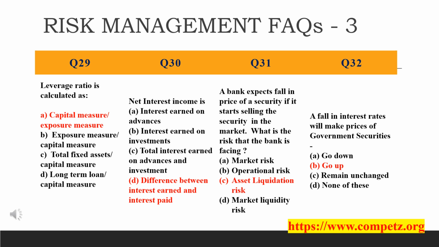Kindly make a note, capital measure for this purpose is tier 1 capital after all the regulatory adjustments. Exposure measure includes the on balance sheet exposure, off balance sheet exposure including the derivative exposures as well as the securities financing transactions.